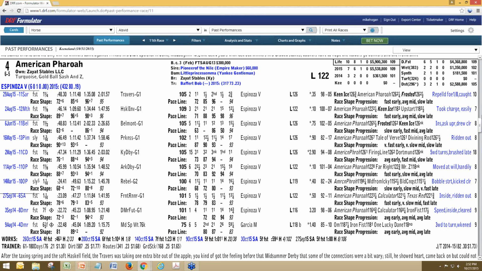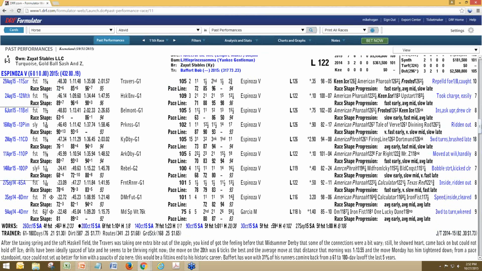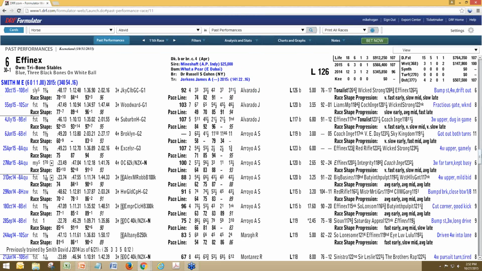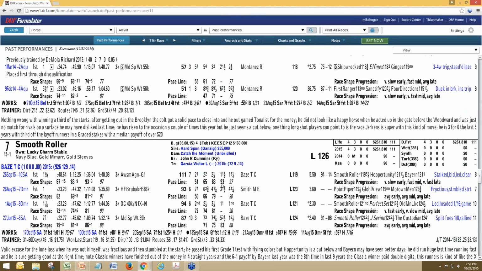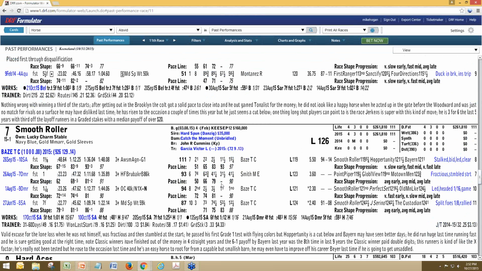All right. Well, when you look at the pace figures and you look at Smooth Roller, one thing that immediately jumps off the page is that he is not as fast as you would think looking at the past performances at face value. The pace in the Awesome Again, which incidentally was set by Bayern, was very slow. -15 on the race shape.